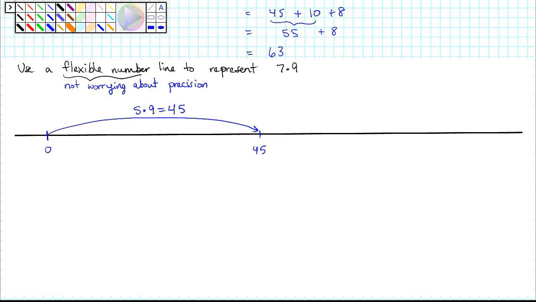So 2 groups of 9, and the way that I did that in the first example is 2 groups of 9 is 18, and I don't want to add 45 plus 18. I want to add 2 groups of 10.